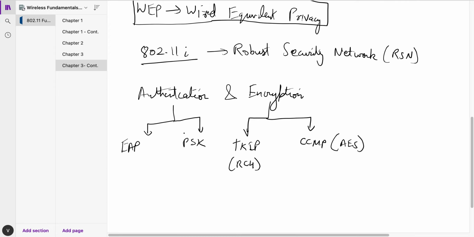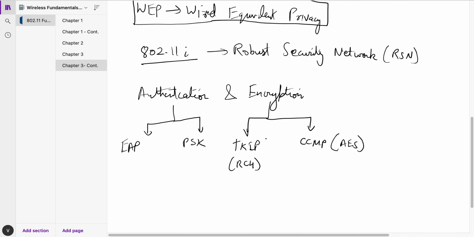EAP authentication and PSK authentication were launched in .11i. In encryption, we had TKIP and CCMP encryption using RC4 and AES algorithm, respectively. This .11i standard changed the way we did authentication and data privacy for users, and the wireless networks became a lot more secure than they were.